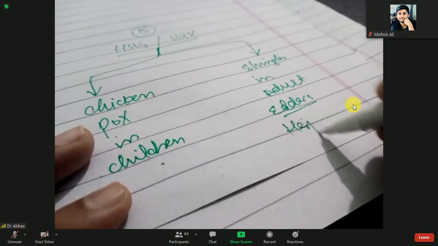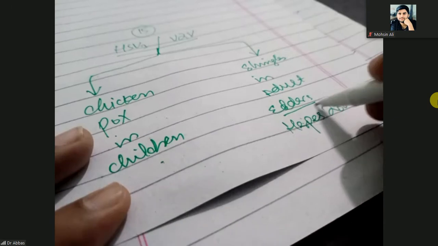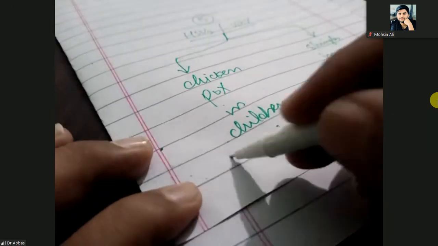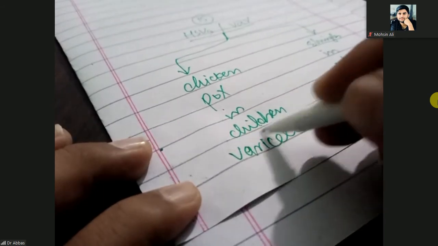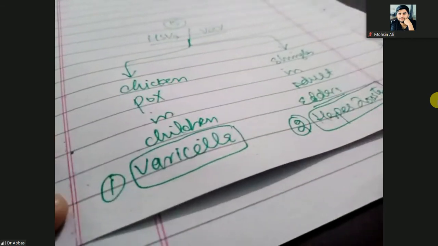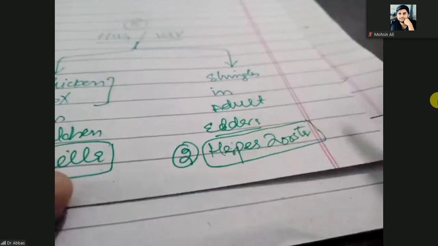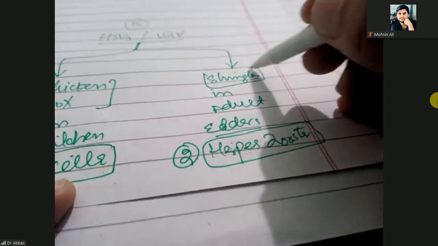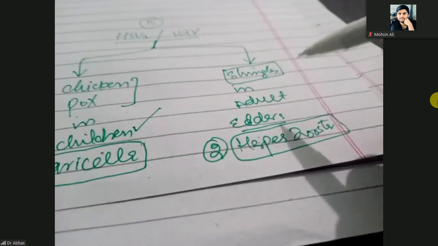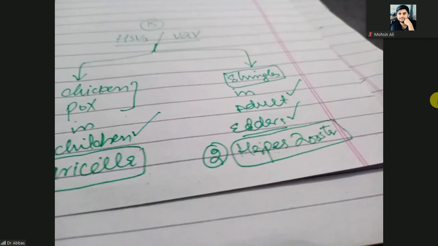Herpes zoster is shingles and chickenpox is the varicella. So two types of infections: one is the varicella and the other is the herpes zoster. Another name of the varicella is chickenpox and another name of the herpes zoster is shingles. Chickenpox is most common in children or adults and shingles is in adults, especially elderly people. Okay.